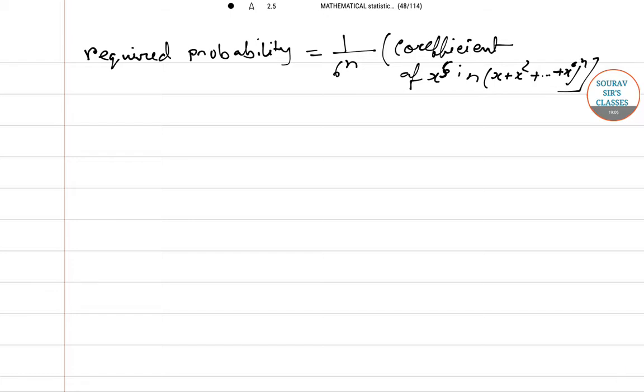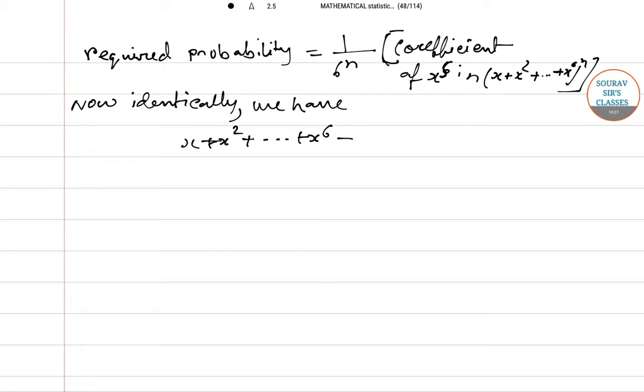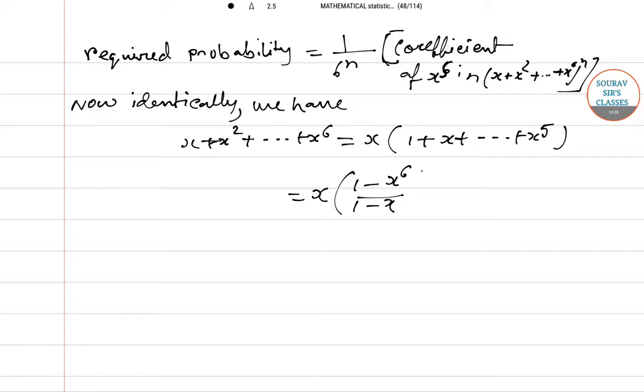Now what we have to do is write, identically, we have x + x square + ... + x to the power 6 equals x into (1 + x + ... + x to the power 5), which equals x into (1 minus x to the power 6) divided by (1 minus x).